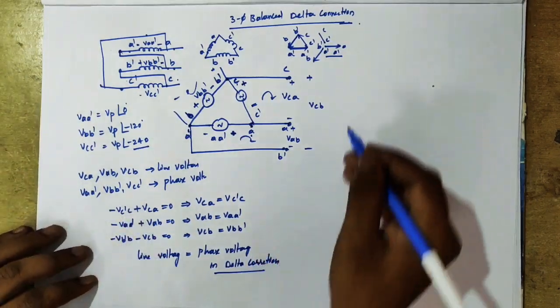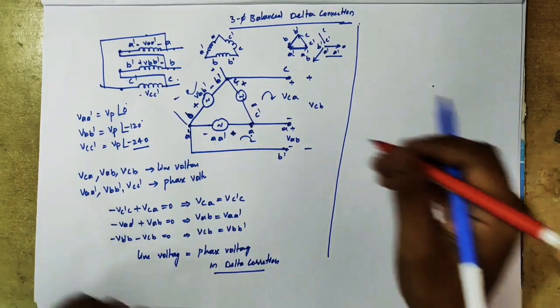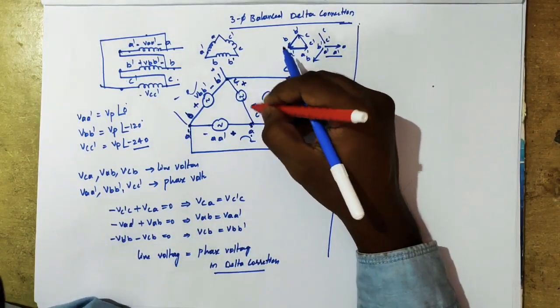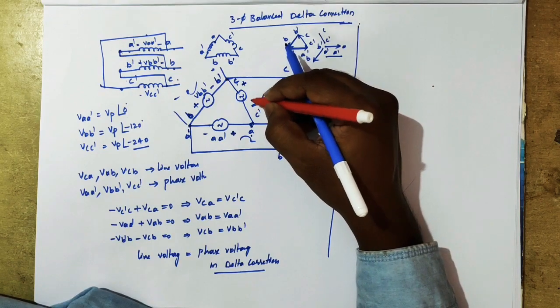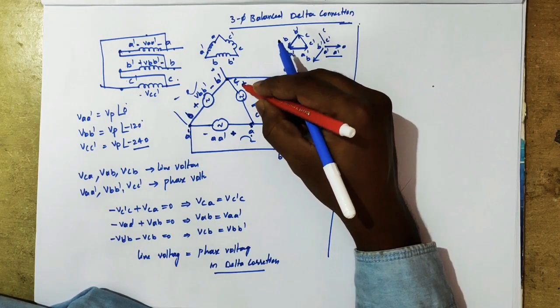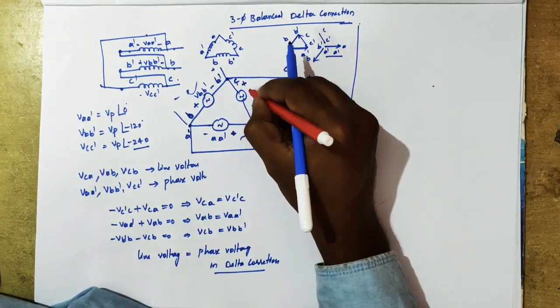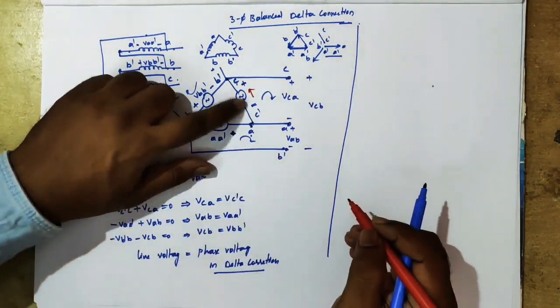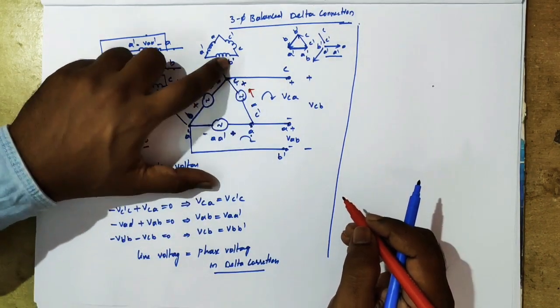Coming to currents, what is the phase current flowing here? Let us say I am naming the current flowing through this phase, AB phase and B phase. I am drawing it like this, from minus to positive, because this is the source and current should exit from the positive terminal.